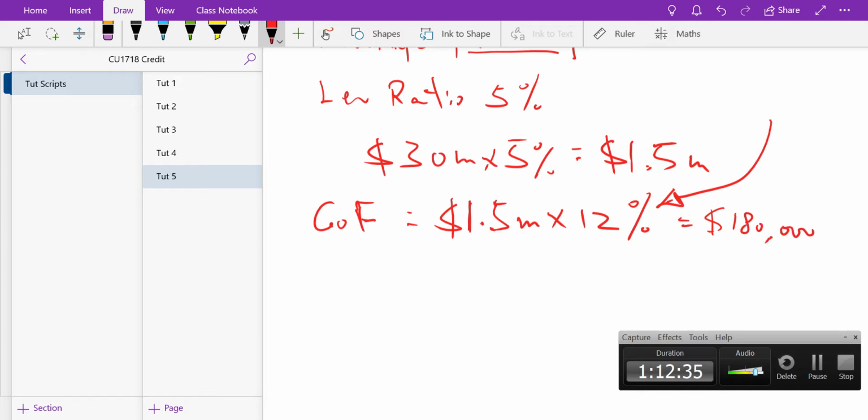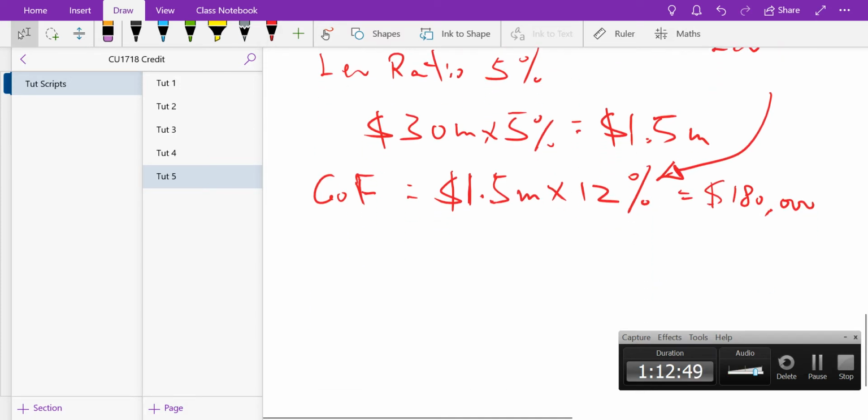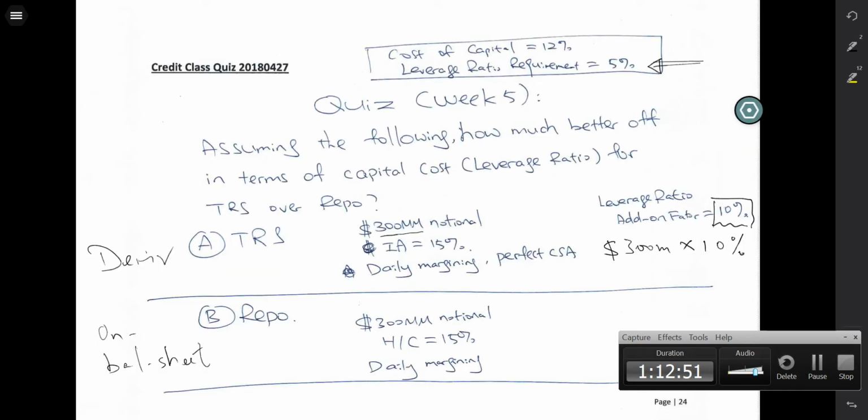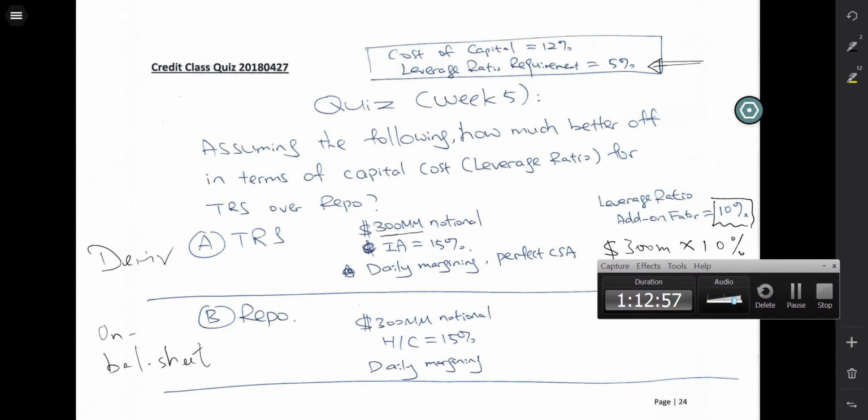Now that's all driven by the fact that the additional leverage because of this transaction is $30 million. But if you look at the repo, that's altogether quite different. Okay, so the repo, there is a 15% haircut.